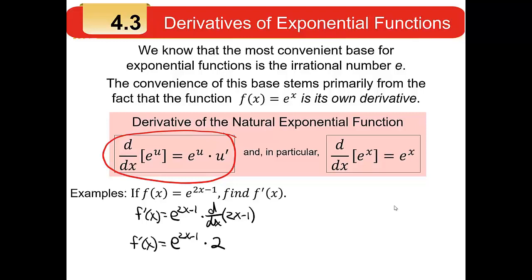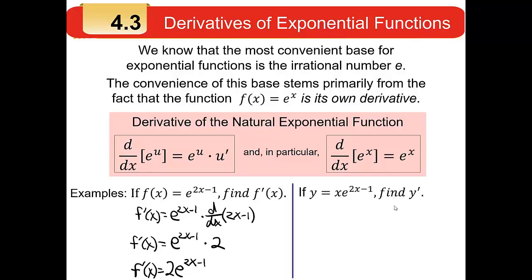Well, the derivative of 2x minus 1 is just 2. Normally we write the 2 in front, so if you simplify it and write it in the most natural way, you would get f prime of x is equal to 2e to the 2x minus 1. And when you get good at this, you can just realize that you're going to have a multiple of 2 when you start and write the 2 in front and be done with it without all the intermediate steps. So part of your goal is to get good enough at this so that you don't have to show as many steps maybe as I'm showing in these examples.